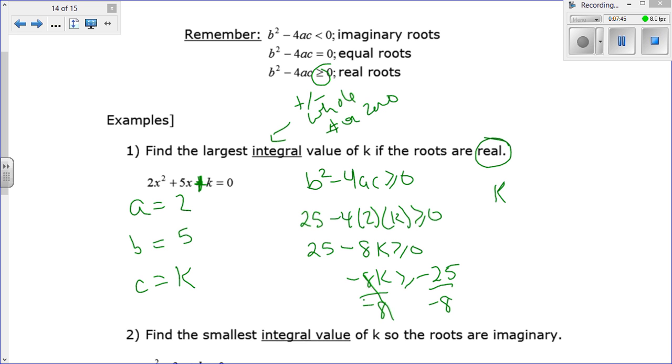So then my inequality becomes k less than or equal to 3.125. The largest integer less than 3.125 would be 3. So it's got to be less than 3.125, so the next whole number closest to 3.125 would be 3.